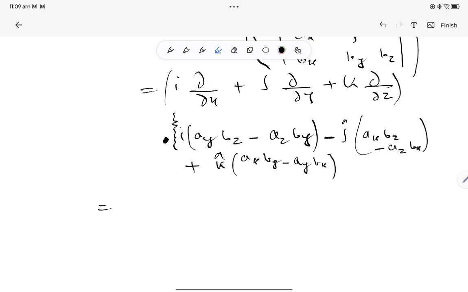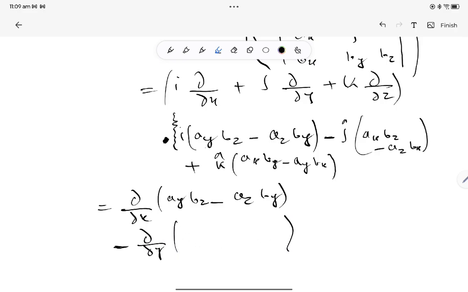So you have del by del x (Ay Bz minus Az By), then minus del by del y (Ax Bz minus Az Bx), plus, k cap with k cap, you have del by del z (Ax By minus Ay Bx).